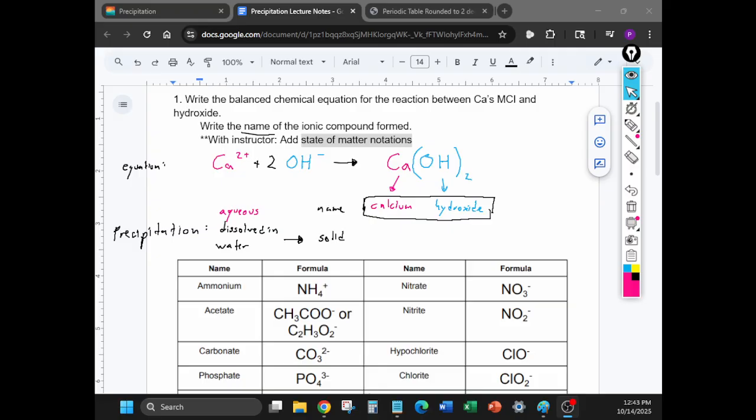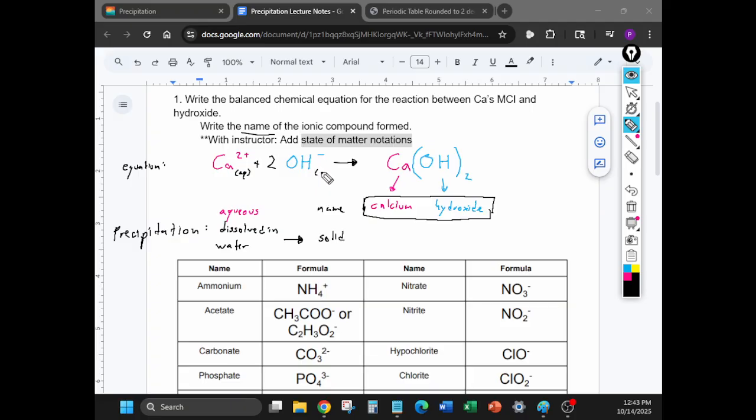And what we're going to do is label each chemical in our equation with what state of matter it's in. So let's get started with the left side. There are 3 chemicals, so we need to add 3 notations of what state of matter they're in. If you ever see an ion, so if anything is plus or minus, it's always aqueous. So after the chemical, we write in parentheses AQ.